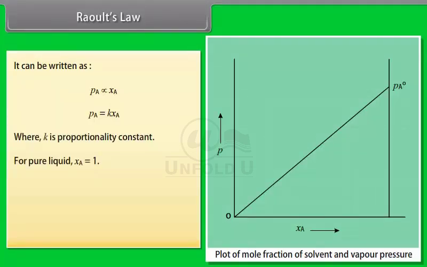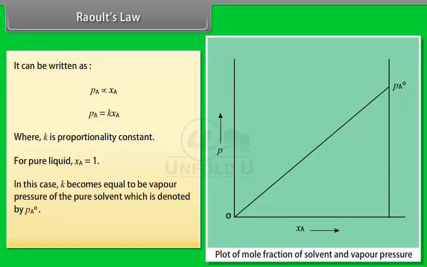For pure liquid, XA is equal to 1. In this case, K becomes equal to vapor pressure of the pure solvent, which is denoted by PA⁰. Thus, PA = PA⁰ XA.